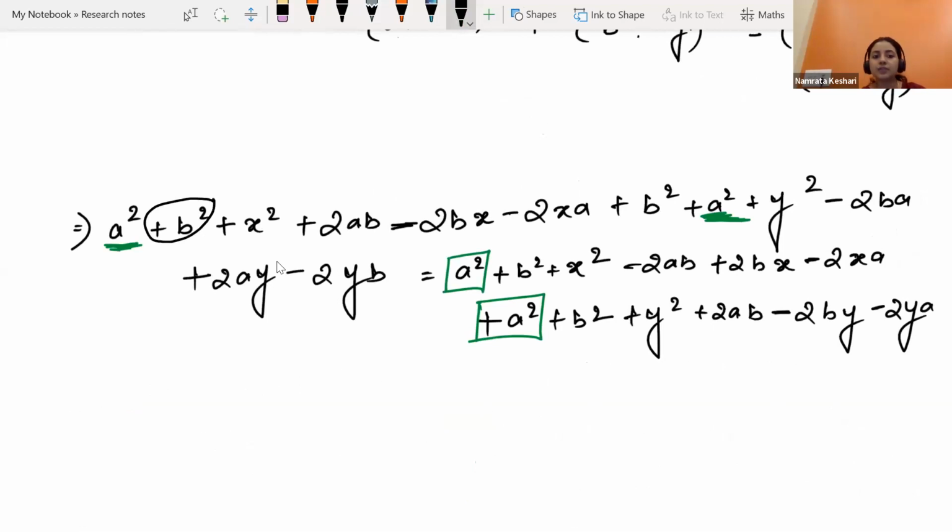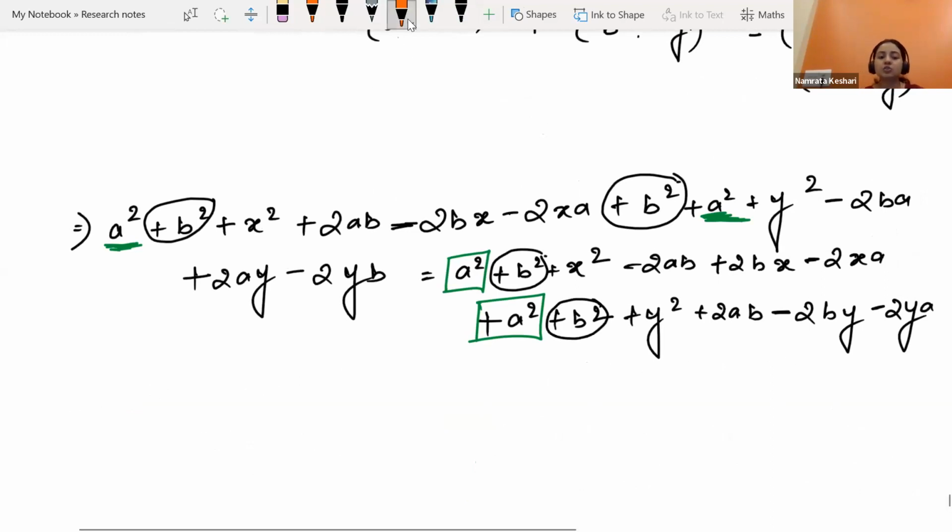Similarly b square is here, and on the other side b square also appears, so we can remove b square. Now x square: carefully checking, one x square on each side, so x square is also gone.